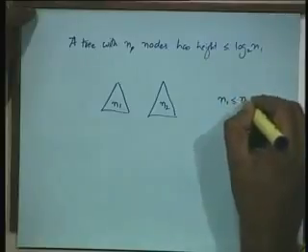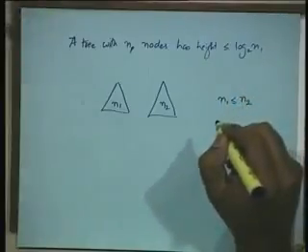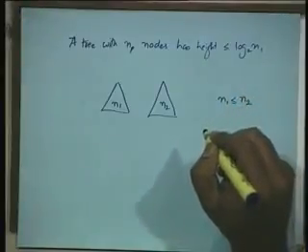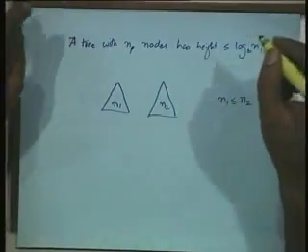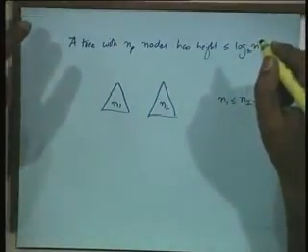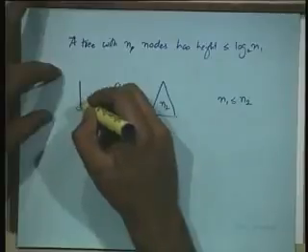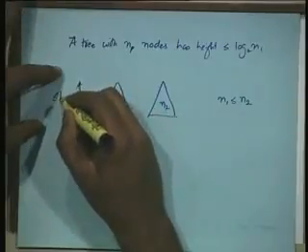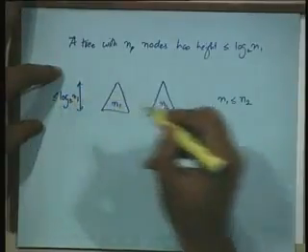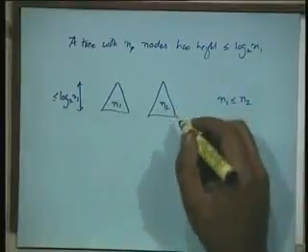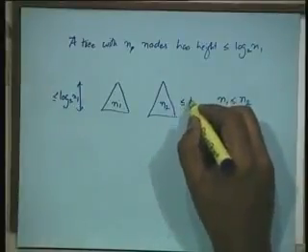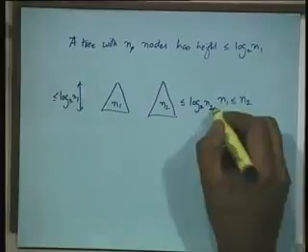Without loss of generality, let's say n1 is less than or equal to n2. Let's assume that the induction hypothesis is true till this stage of my procedure. That means that its height is less than or equal to log of n1, and the other's height is less than or equal to log of n2.